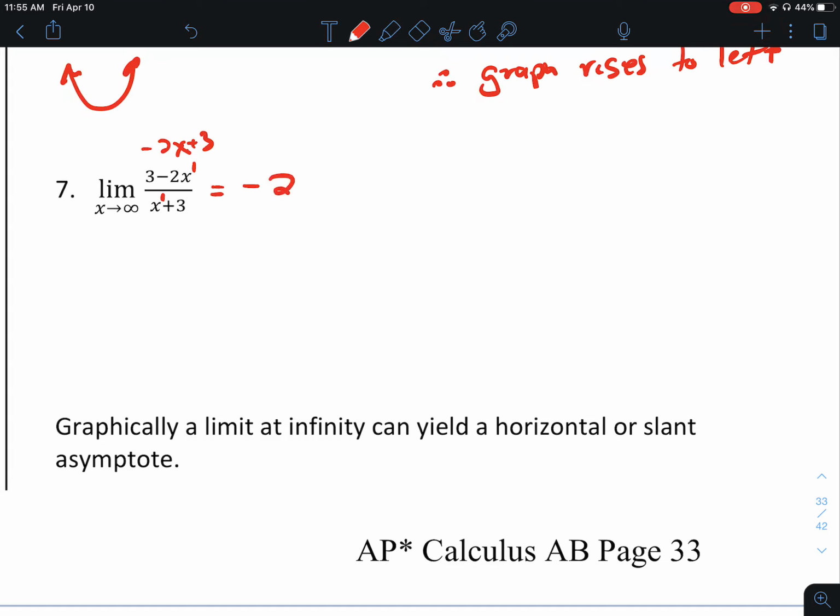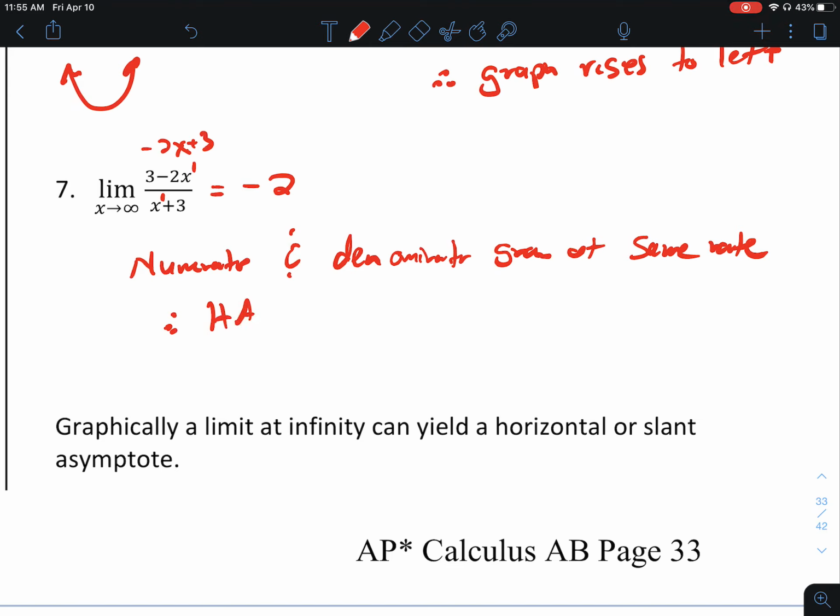So instead of saying that the degrees are the same and all that for this horizontal asymptote, here's how we're going to change our wording. We're going to say the numerator and denominator grow at the same rate. Therefore, there's a horizontal asymptote at y equals a over b.